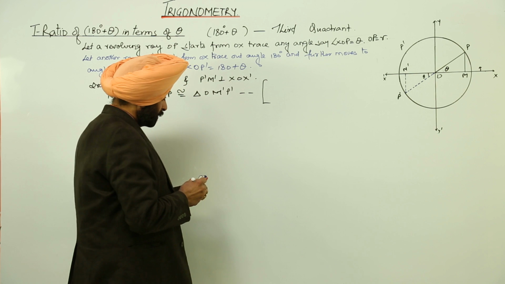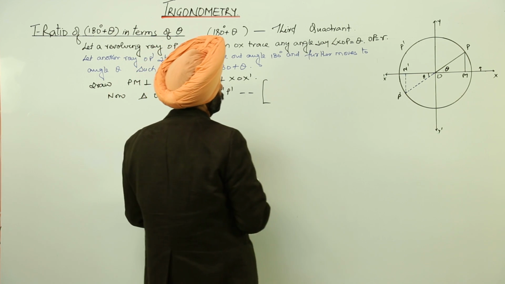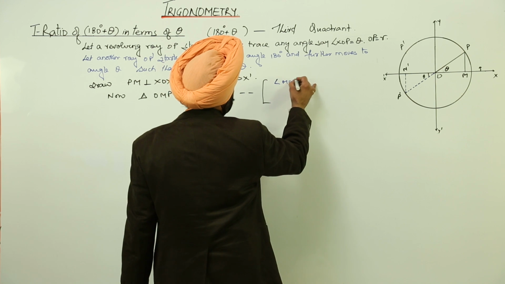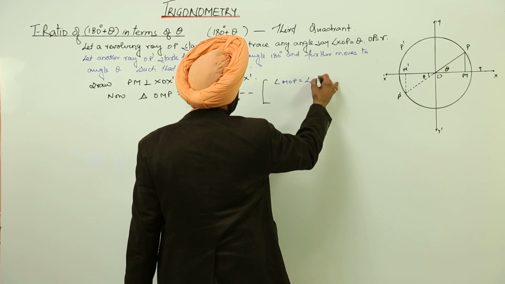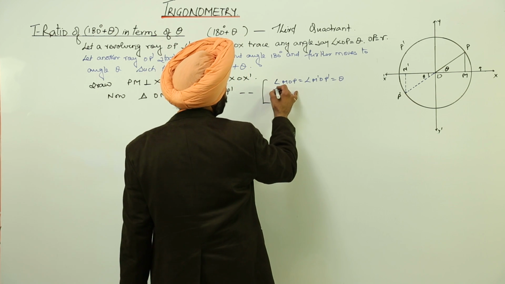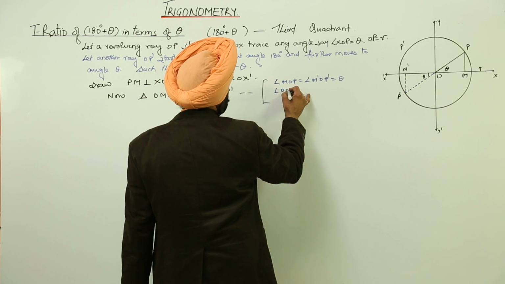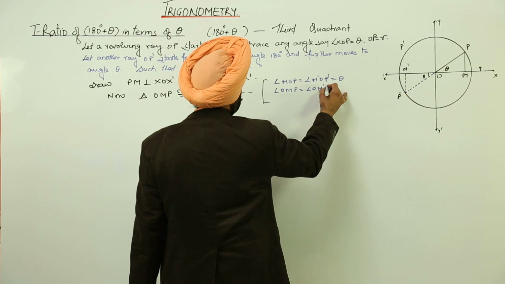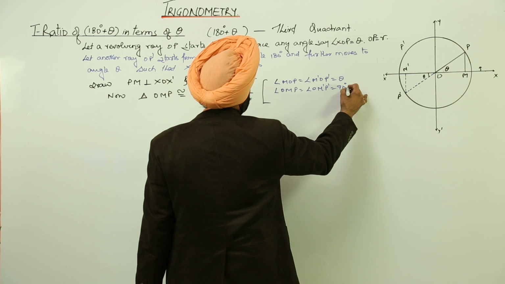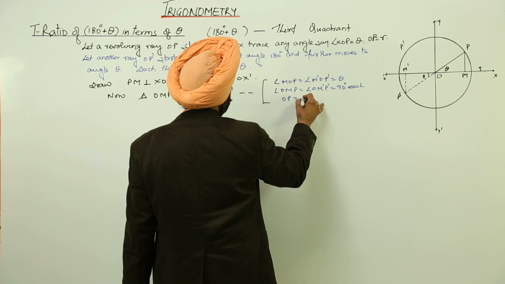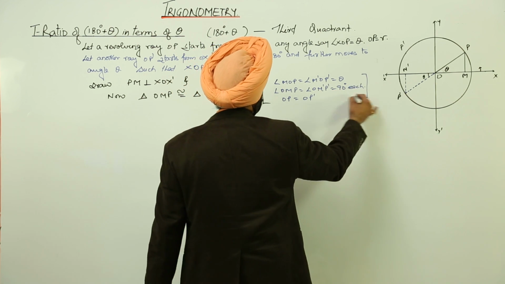Now why are they congruent? Conditions: angle MOP is equal to angle M dash OP dash, equal to theta. Angle OMP is equal to angle OM dash P dash, 90 degrees each. OP is equal to OP dash.